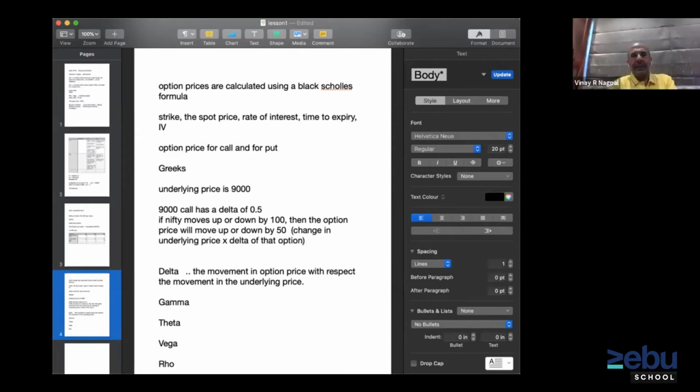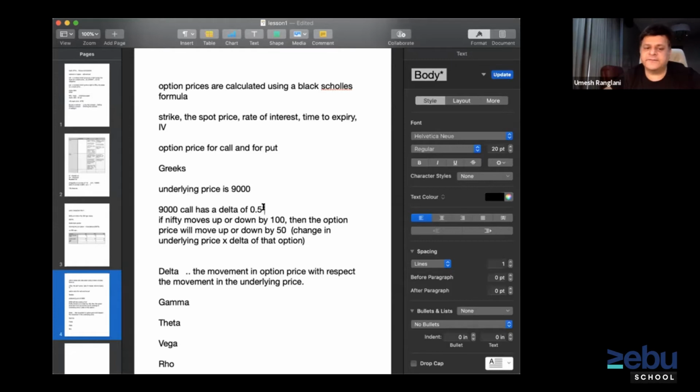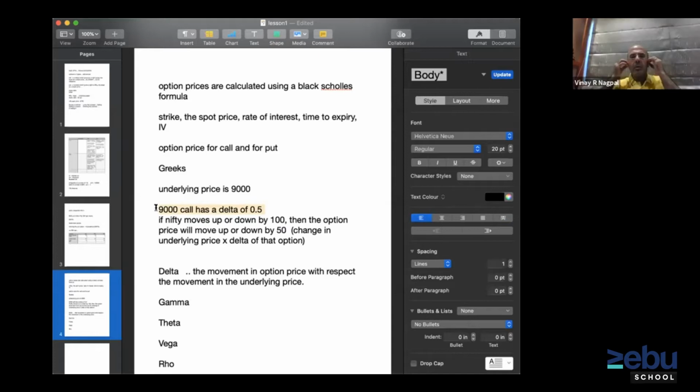So 50 in actual terms or 50 as a percentage? So 0.5 is the delta of this particular call at that particular time. Let's say the underlying is 9,000 today and the option price is, say, 130 rupees. Let's say Nifty goes up by 100 points.